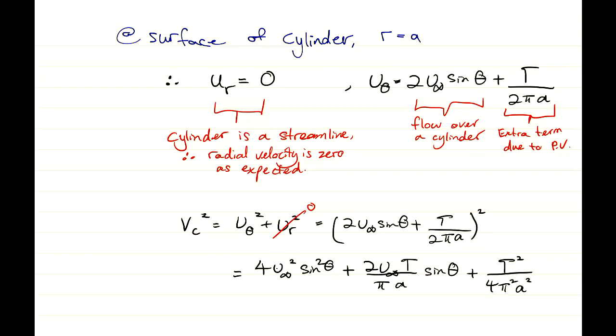I'm going to call this equation 2, and equation 1 is just my Cp: Cp equals 1 minus Vc squared over u infinity squared.